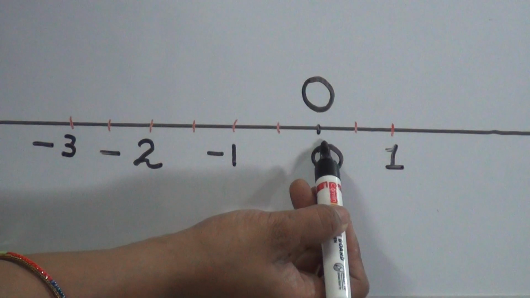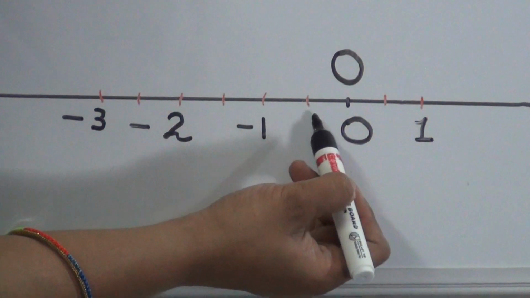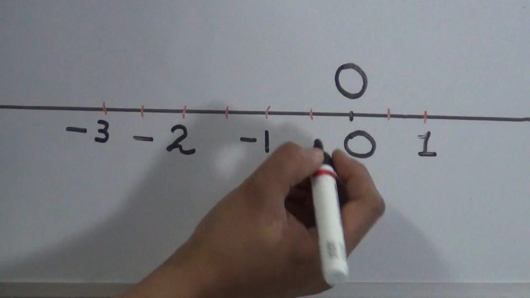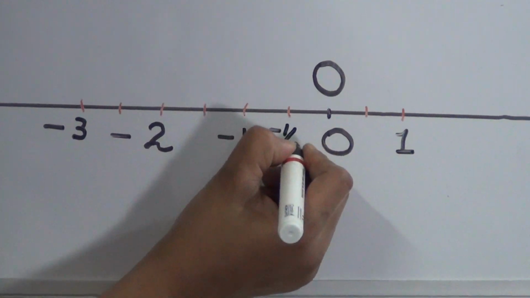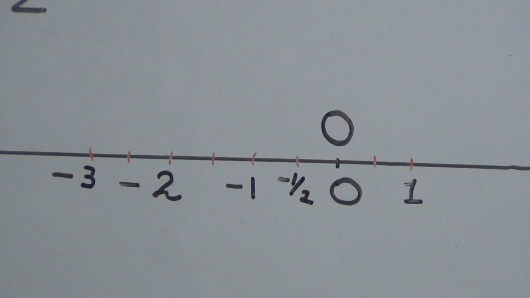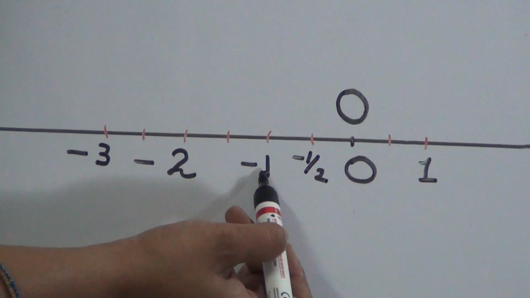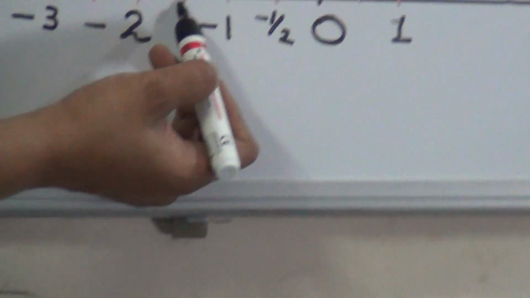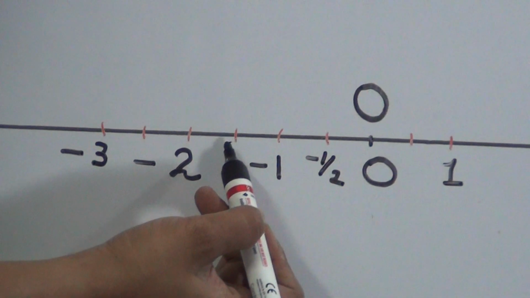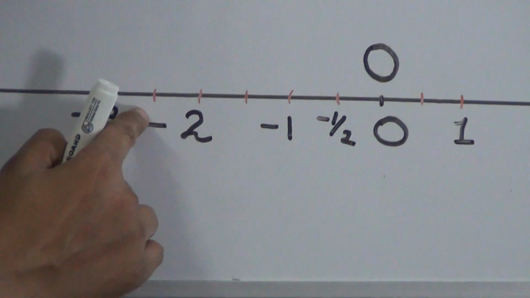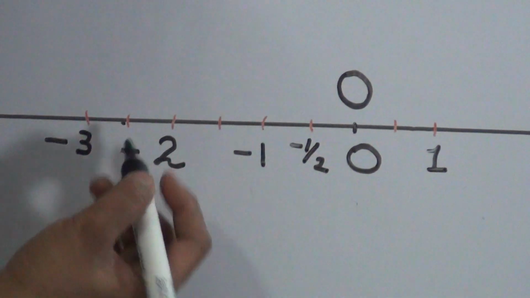This is 0. One unit has been divided in 2 equal halves. So this point will become -1 by 2. Next is -2 by 2, which gives us -1. This is -3 by 2. -4 by 2, which gives us -2. And then this point is -5 by 2.